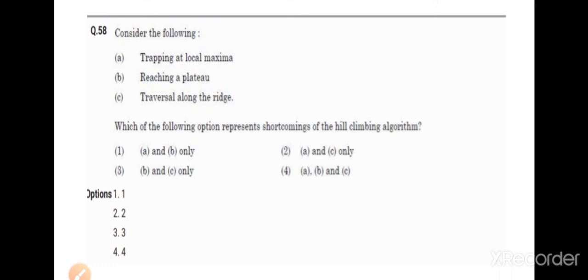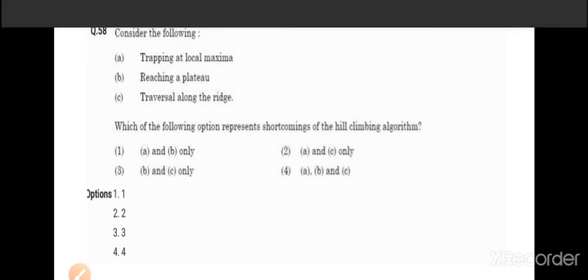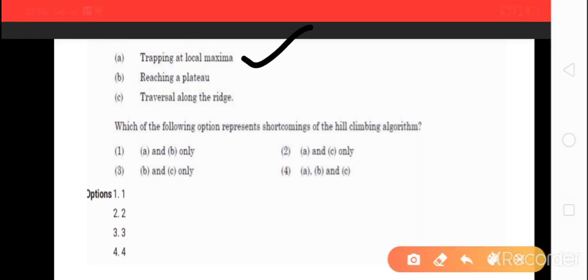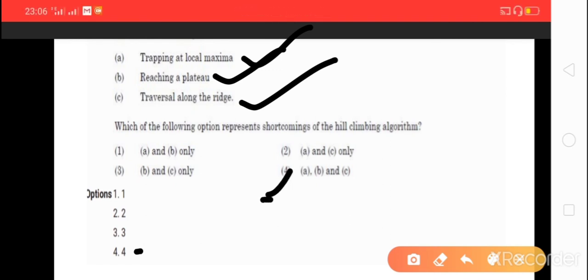The shortcomings are local maxima, reaching a plateau, and traversal along the ridge. These three are the disadvantages of the hill climbing algorithm. So the correct option is option 4.